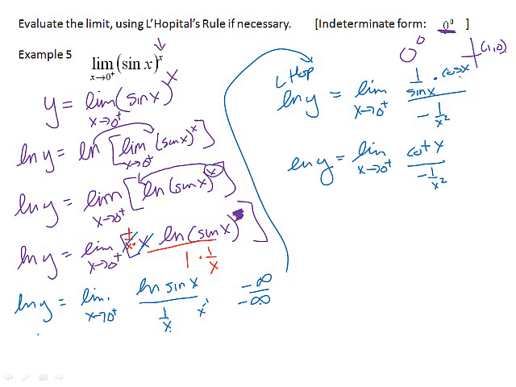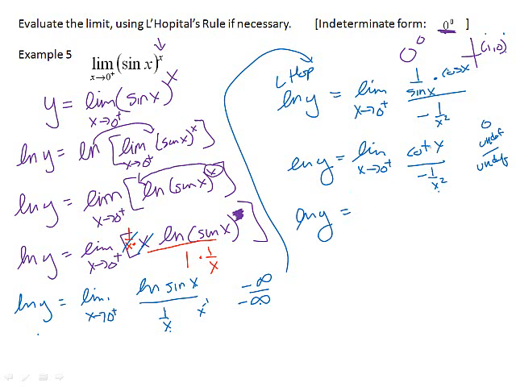Cotangent of 0 would be cosine divided by sine, which is 1 over 0, which gives me something undefined. And then we have 1 divided by 0 again, so don't we have another indeterminate form there? Yeah, so we got to keep going. Let's do another L'Hopital.